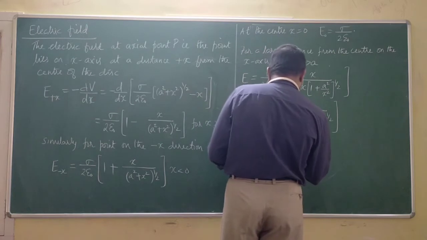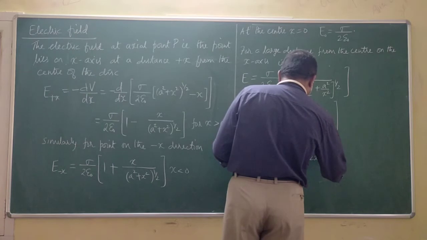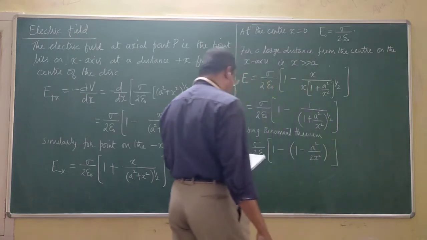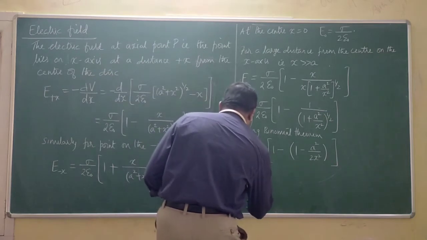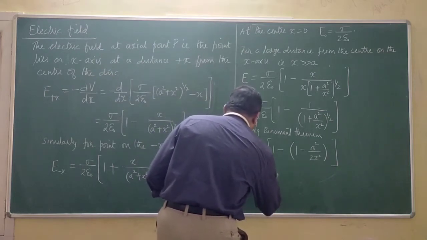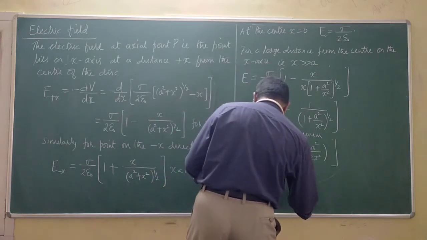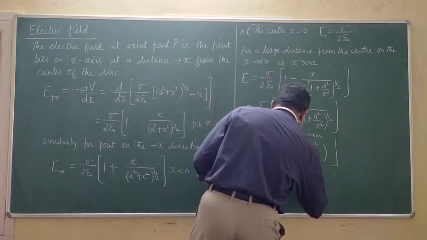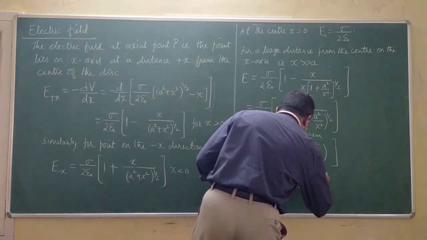Therefore, 1 minus a squared by 2x squared, neglecting other powers. Therefore, this becomes equal to sigma by 2 epsilon naught 1 minus 1 minus of minus plus a squared upon 2x squared. Okay?